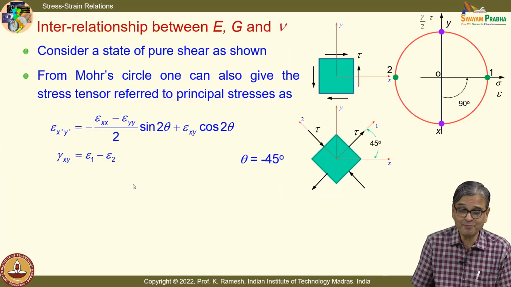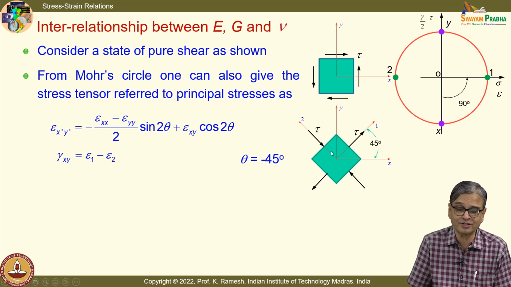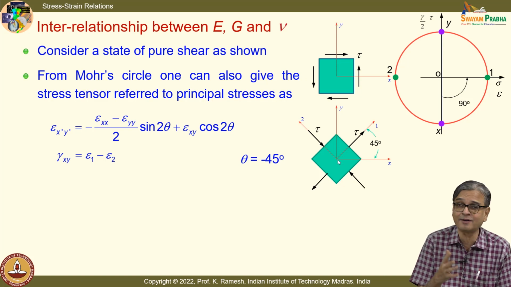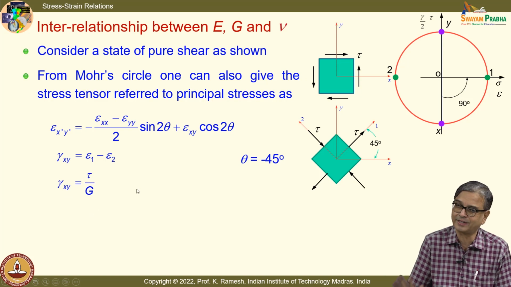Now, I am looking at the stress quantities which are tau and minus tau. You should keep track of what is the stress state that we are having. So, I can also write epsilon 1 and epsilon 2 in terms of normal stresses. Let us see those expressions. Before that, we have the identity that gamma xy is equal to tau by G. You should understand this is tau xy.